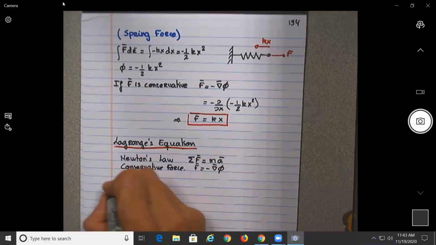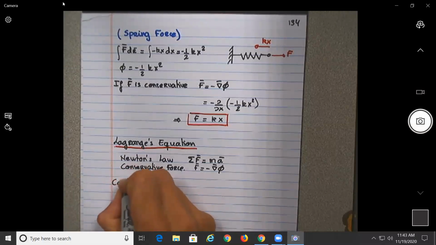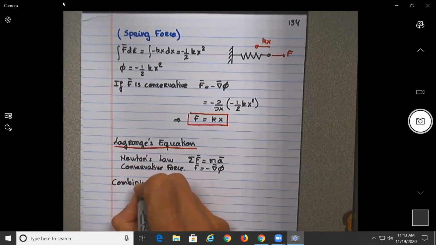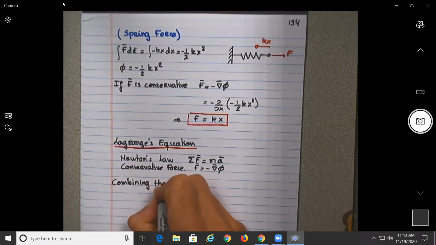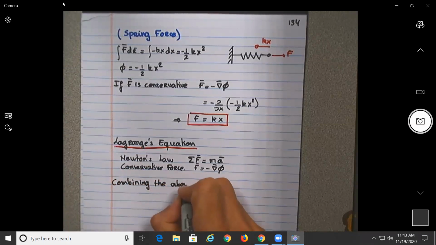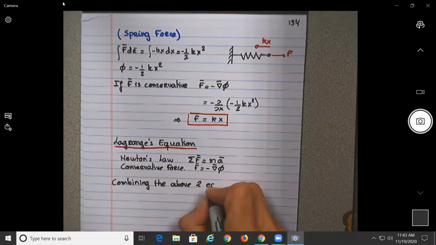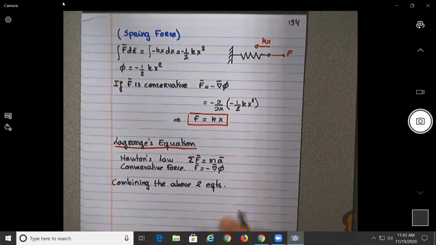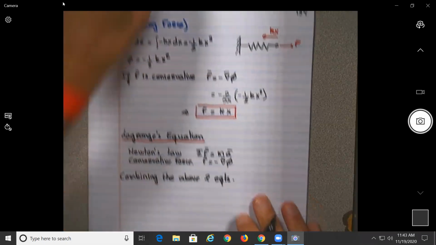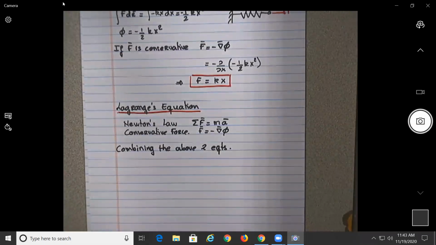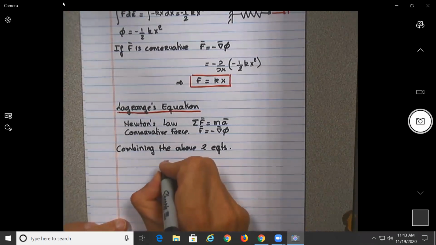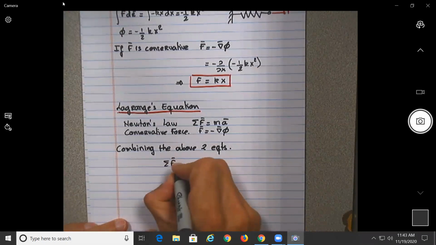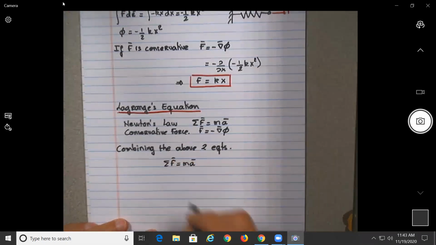Okay, so let's say combining the above two equations, I'm going to do this. Last time I dropped all my notes behind the stuff. So combining the two equations, what are we going to get? We're going to get summation of forces equals to ma.